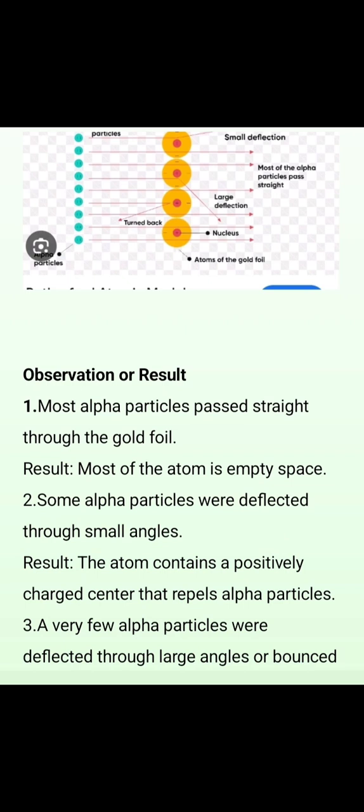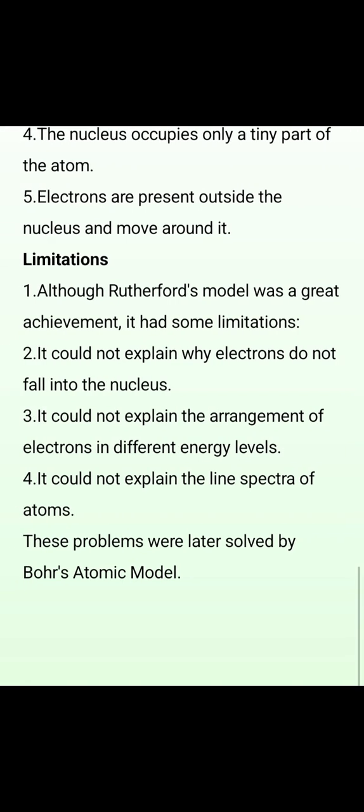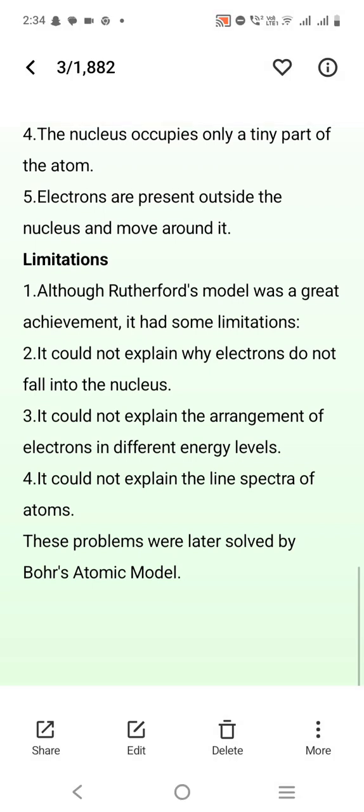It means that the small center of the atom occupies a very small volume, while the rest of the atom is a large volume. So the nucleus occupies only a tiny part of the atom, and this is called the fourth result of the Rutherford atomic model.